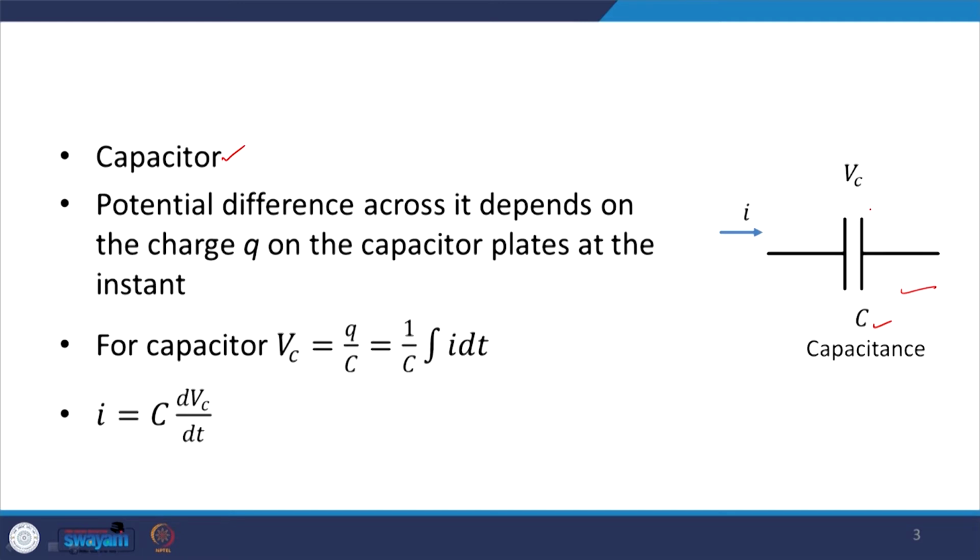So Vc is equal to Q by C, or 1 by C times Q, and I can write Q in terms of current as the integral of I dt, or from here I can write I as C dVc by dt.